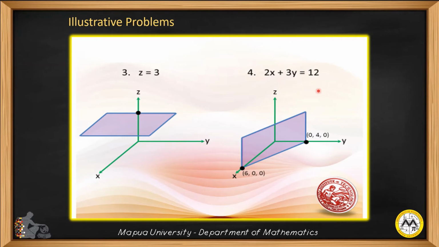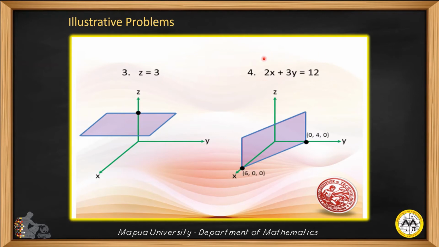Now for our fourth example, we have the equation given by 2x + 3y = 12. The missing variable is the z variable. So we expect this plane to be parallel to the z-axis, not anymore a coordinate plane, but rather just a coordinate axis.